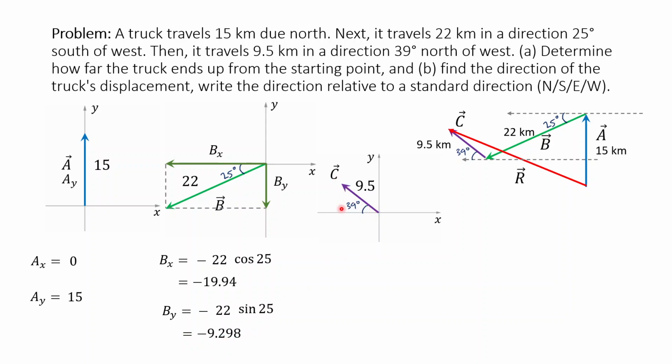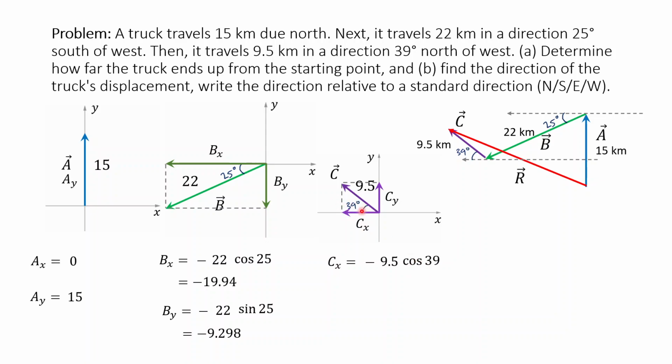Now this vector, draw a rectangle. This is the x component and this is the y component. Cx, cy. Cx is equal to, this vector points to the negative x direction. So you need to put a negative sign. Then the magnitude, times cosine of this angle for the x component.